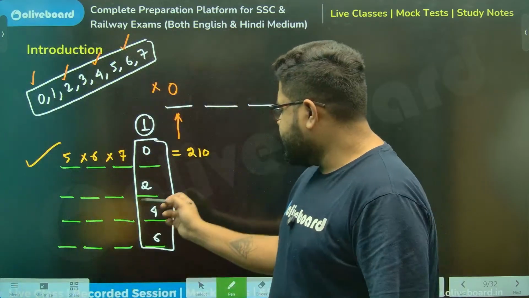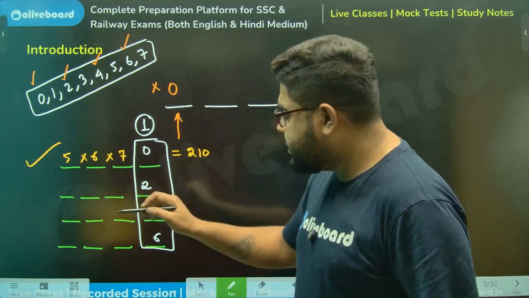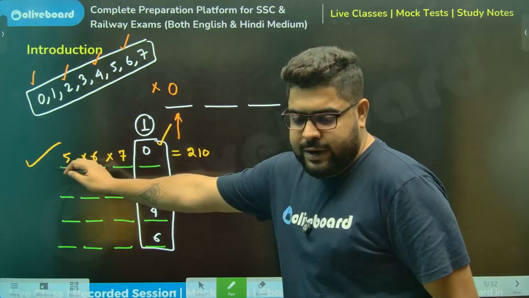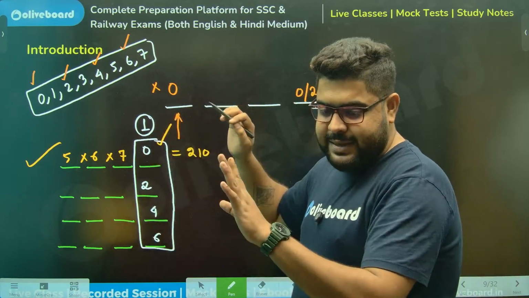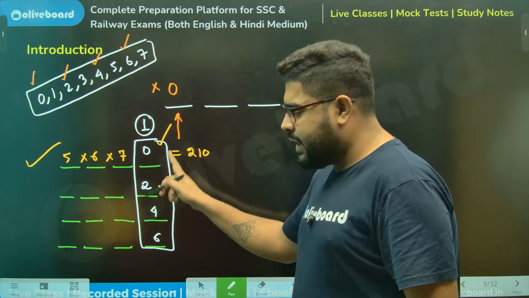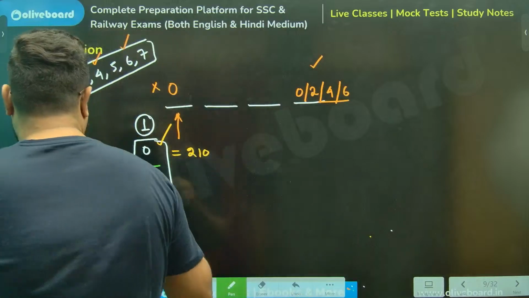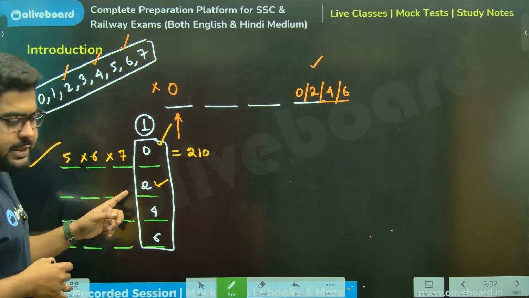Now come to the case ending in 2. Here I cannot put 0 in the first place. In the previous case I was certain that 0 would not come here, because 0 was already placed. But in this case, I have not yet placed 0, so 0 can come here, and I have to make sure 0 is not put here. Out of 8 numbers, 1 number I have put, that is 2.